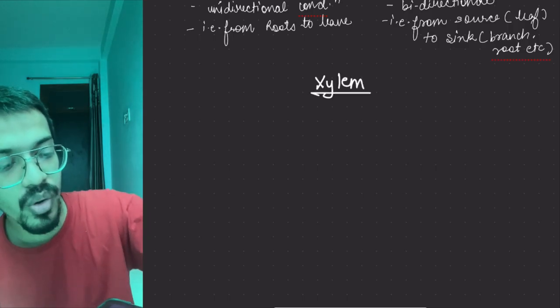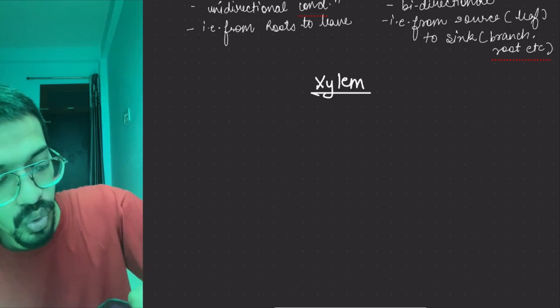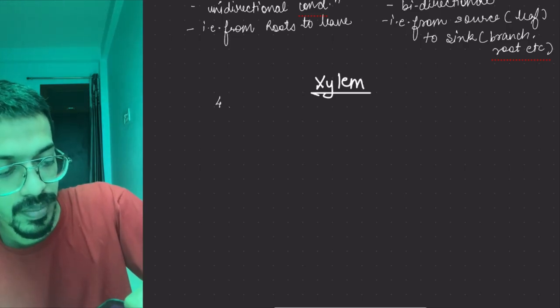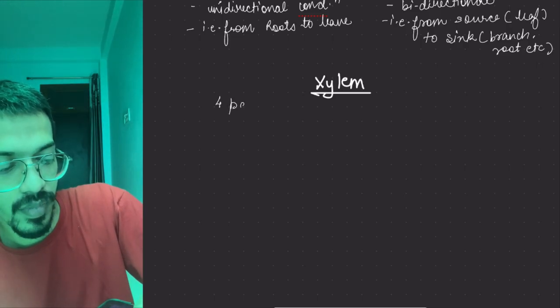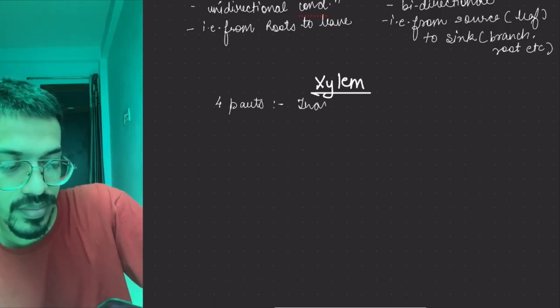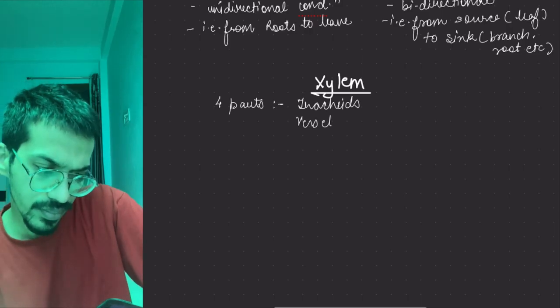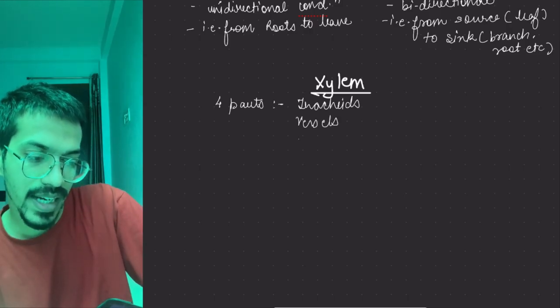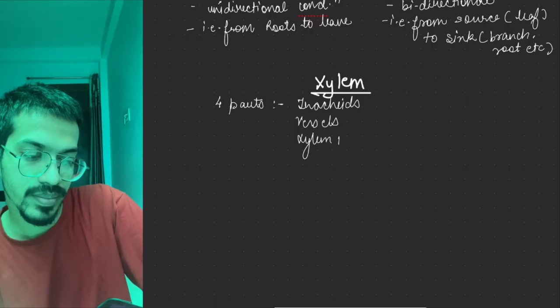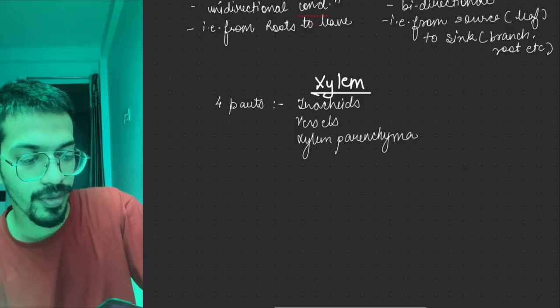In xylem we have four parts. What are they? We have tracheids, vessels, xylem parenchyma, and xylem fibers.